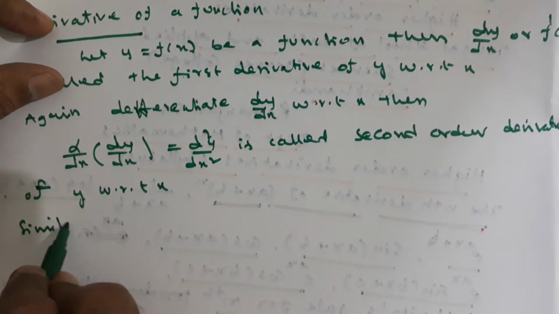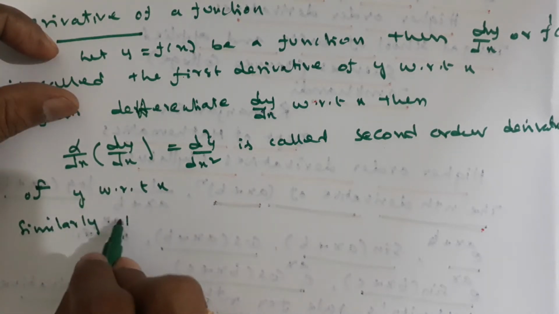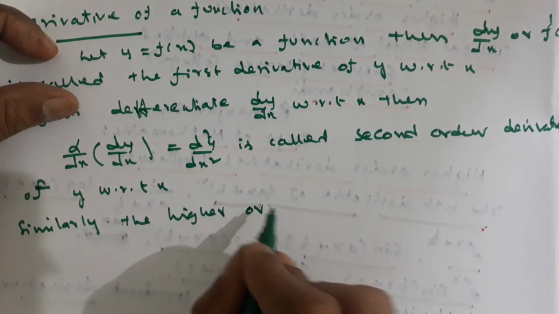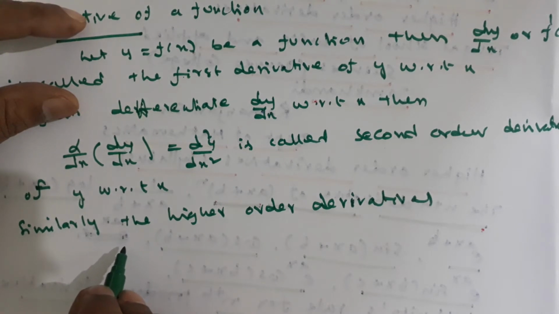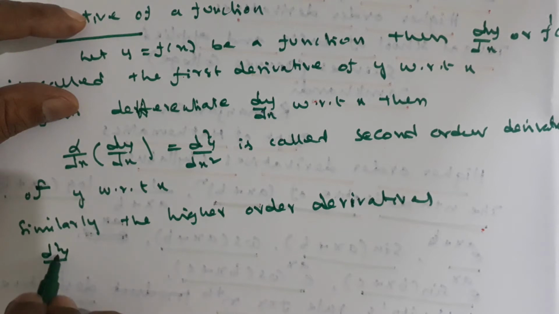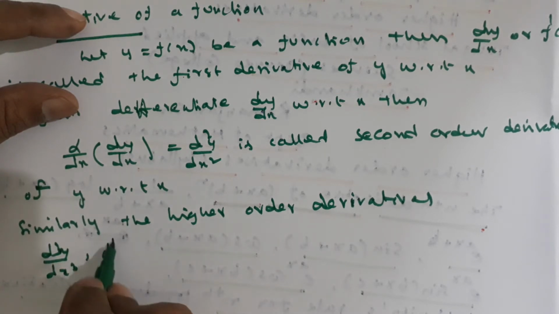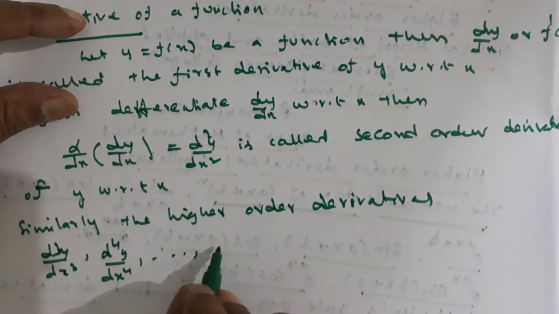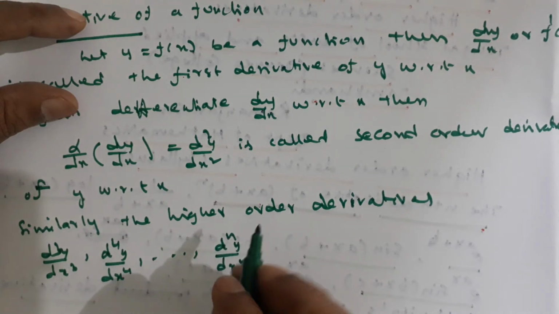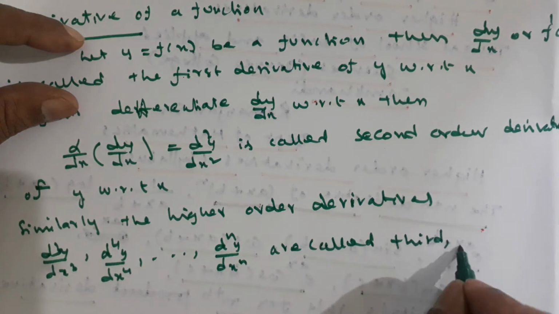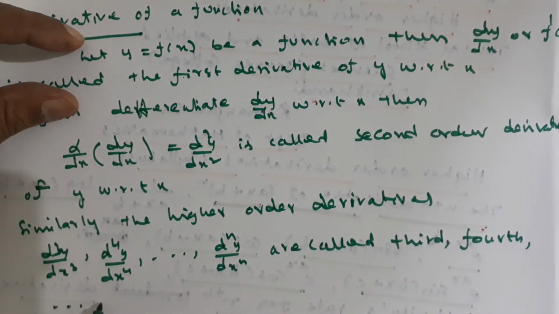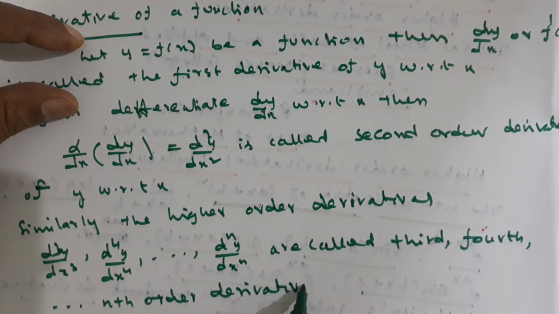Similarly, the higher order derivatives d cube y by dx cube, d power 4 y by dx power 4, and so on, d power n y by dx power n are called third, fourth, and so on, nth order derivatives of y with respect to x.